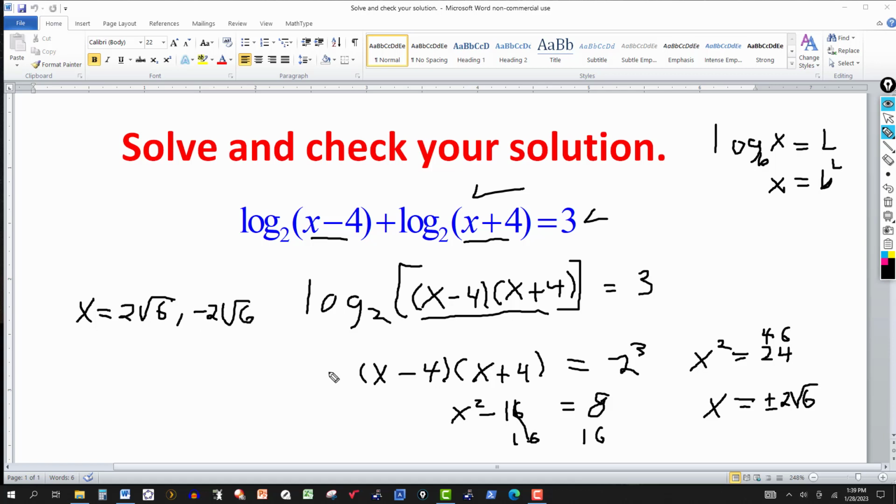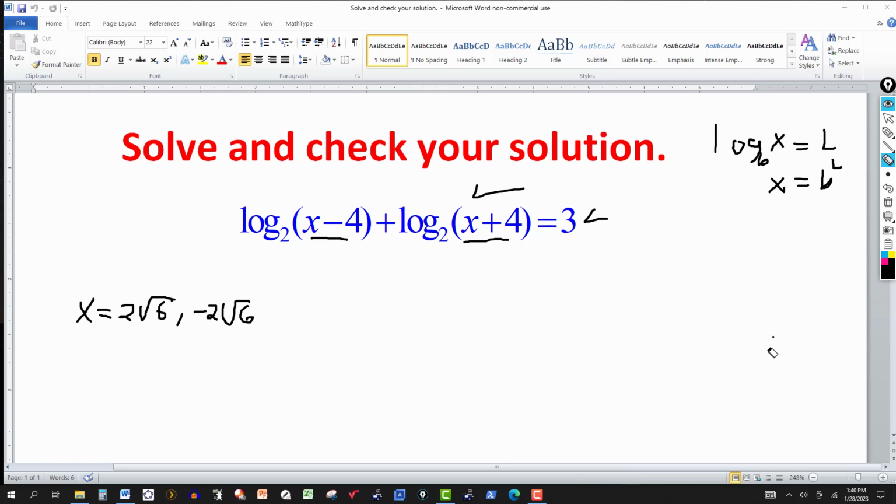Those are two possible answers. You want to make sure that you do the steps correctly to get these prospective solutions. Then all you have to do is make sure that if you plug these back into the equation, you don't get the log of a negative, because the log of a negative is not defined.